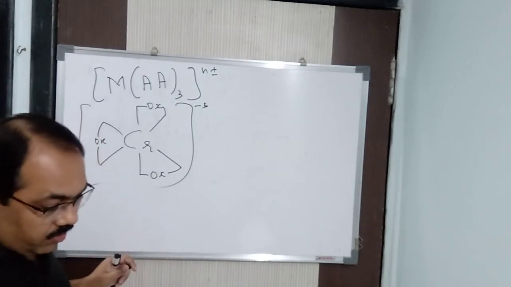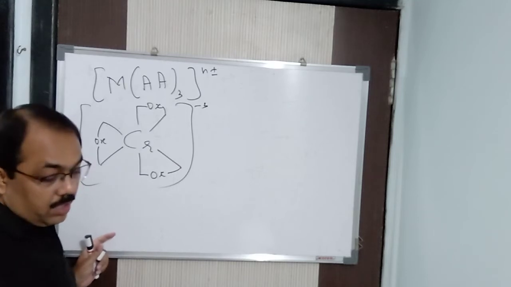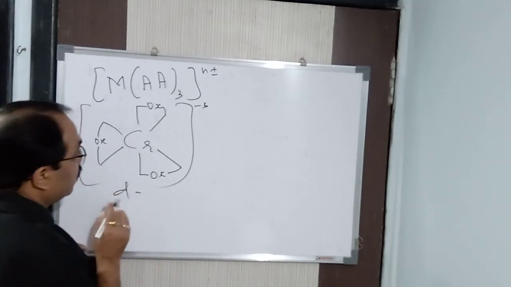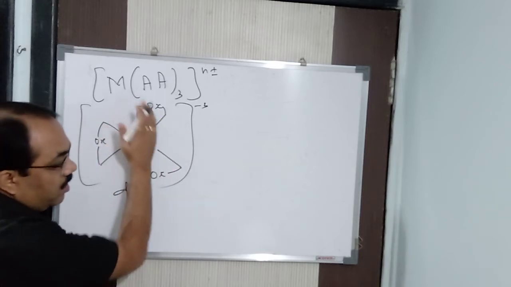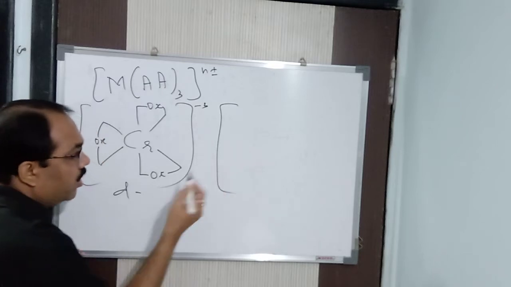Now here what we find is that this is coming under this particular one. It is the dextro form, because on the right hand side the number of ligands is more, so it is dextro. We can understand theoretically in this way.